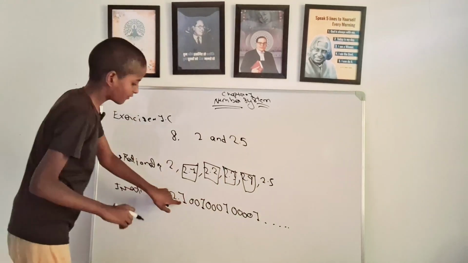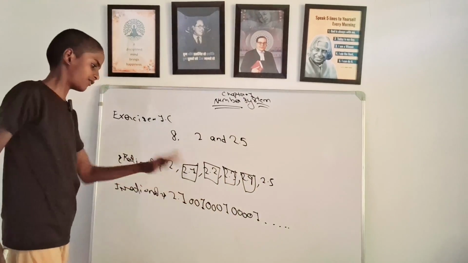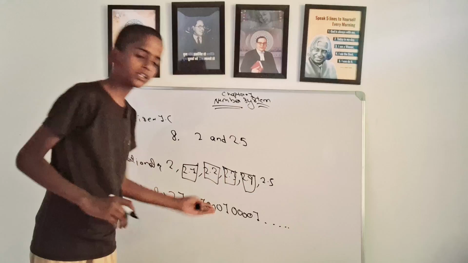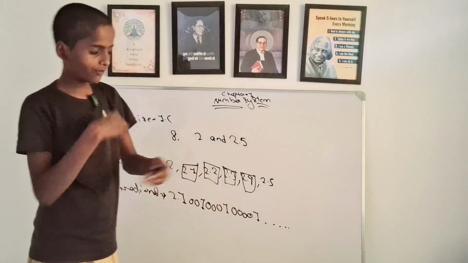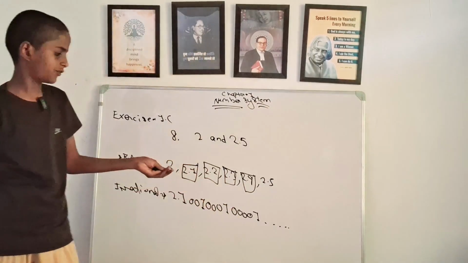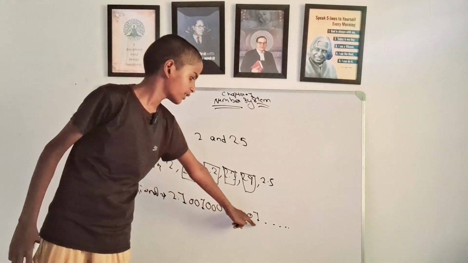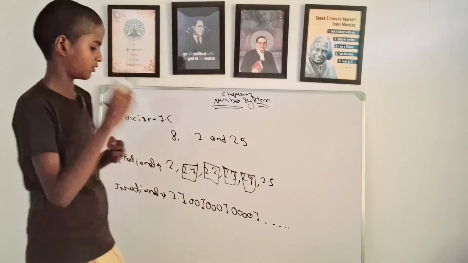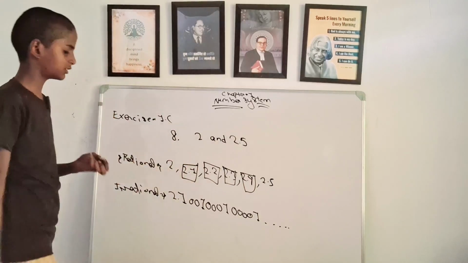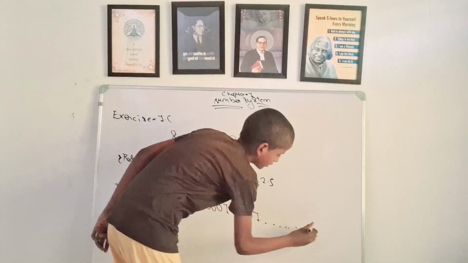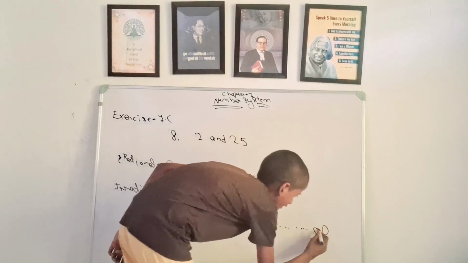After 1, there are two zeros, then 1, then three zeros, then 1, then four zeros, then 1, then five zeros, then 1, then six zeros. There are infinite numbers, so we mark dot dot dot and infinite.